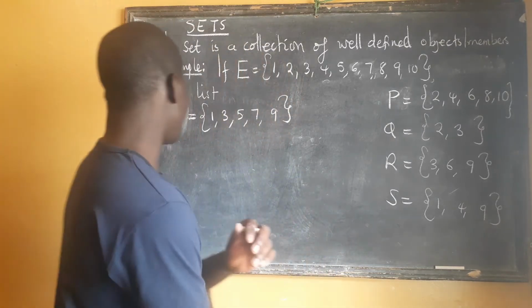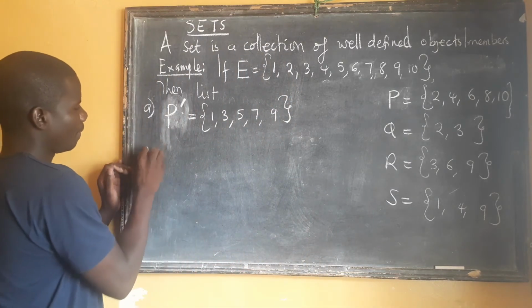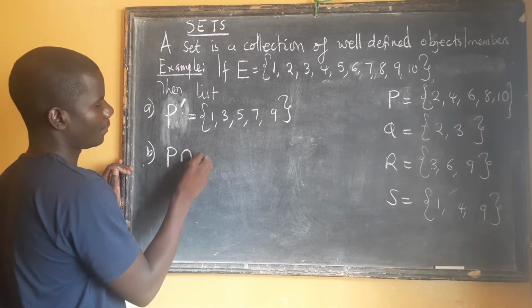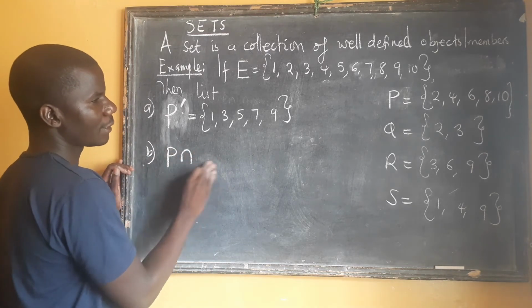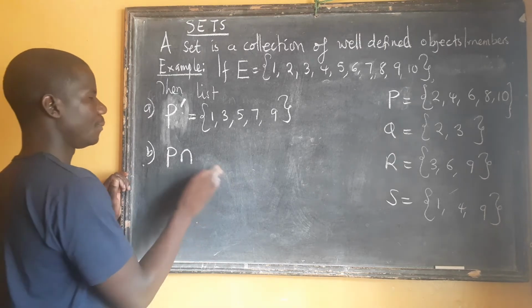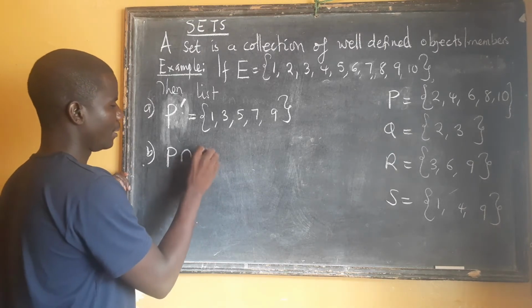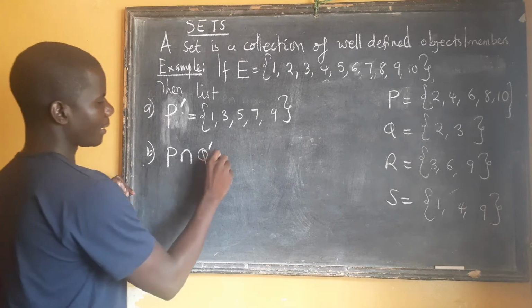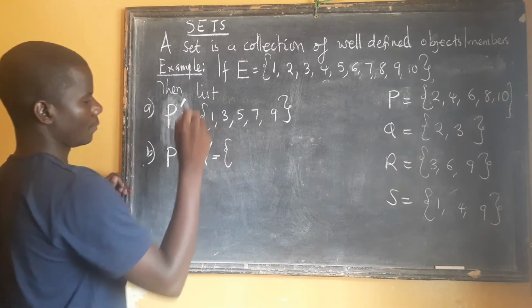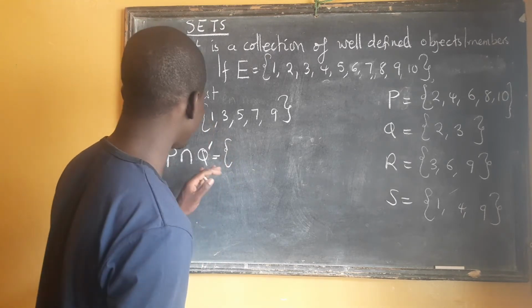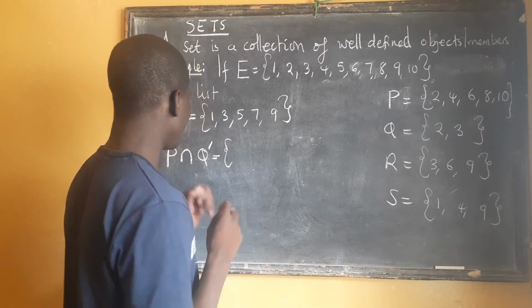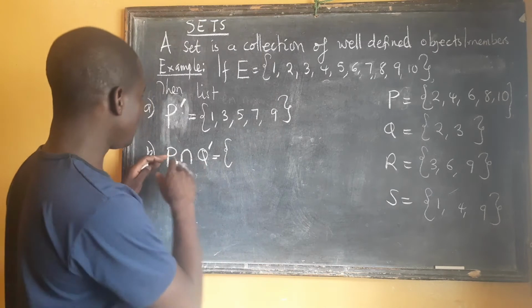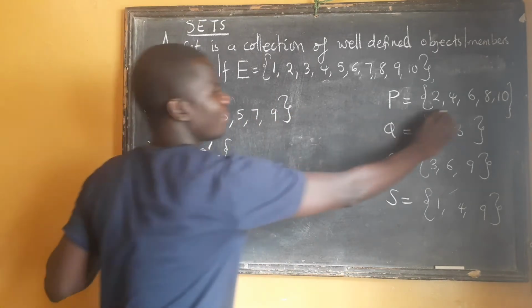That's very good. Then we have P intersection Q complement. We look at the elements that are in P, we have them here.